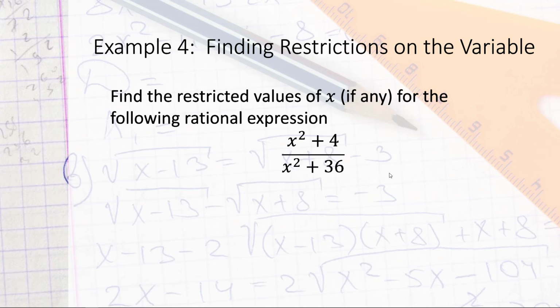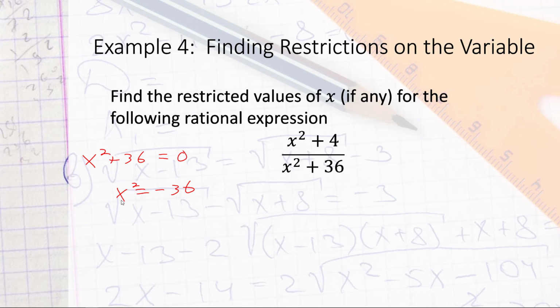Okay, example 4. Here we had to find the values of x that are restricted for this rational expression. Once again, that will occur whenever x squared plus 36 is equal to 0. Well, that can only occur when x squared is equal to -36.